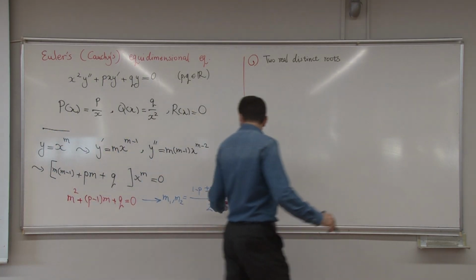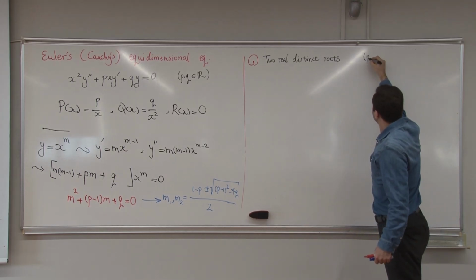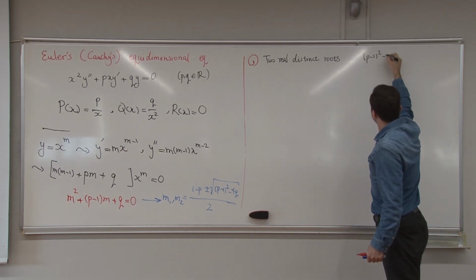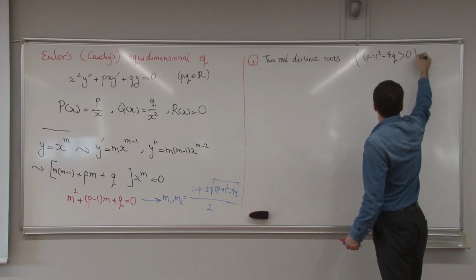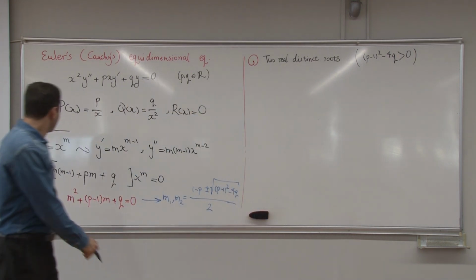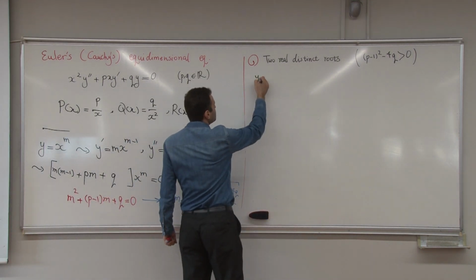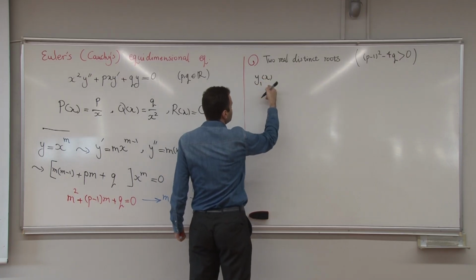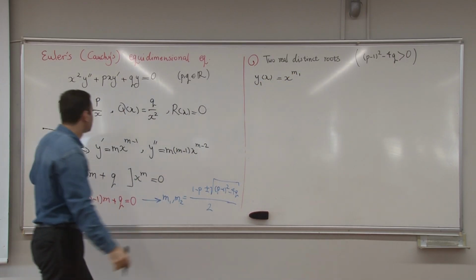When we have two distinct roots, then what happens? This (p minus 1) to the power of 2 minus 4q is a positive number. Okay? So what is my y1? First candidate for a solution is x to the power of m1.